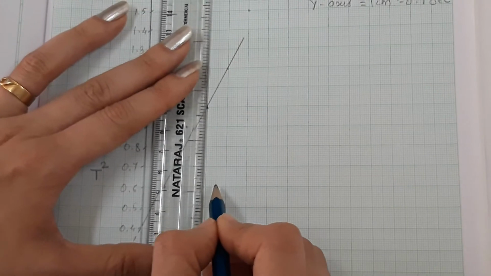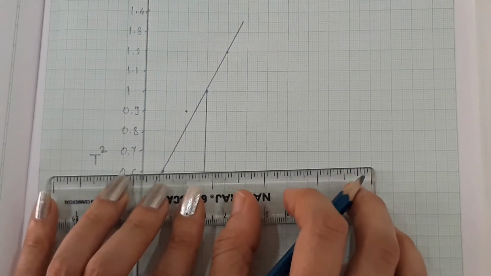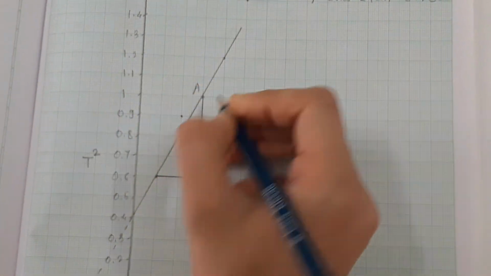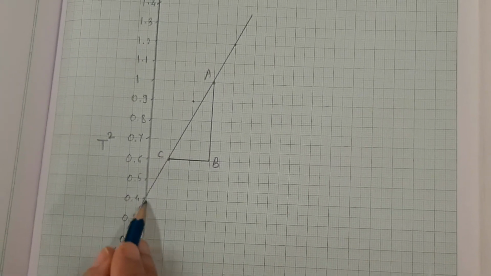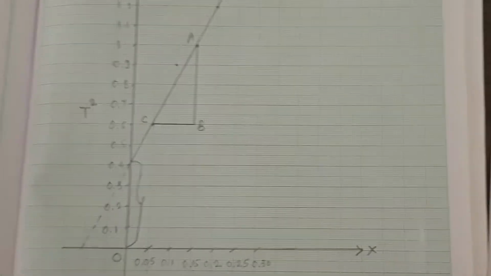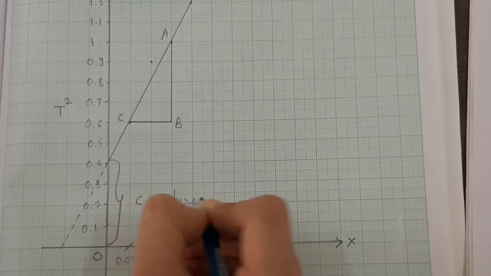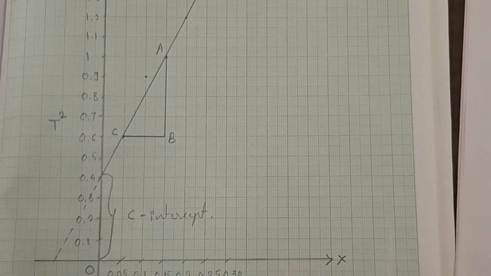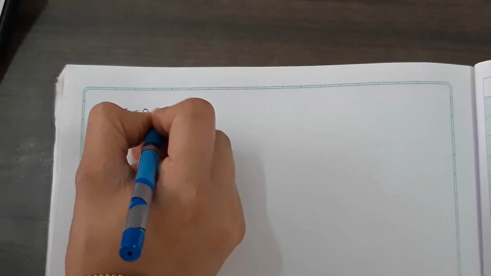Let us consider these 2 points, one line parallel to the y-axis and one parallel to the x-axis, and label them A, B, C. The line which cuts the y-axis from here to the origin we call C. It is the intercept, which we have got here as 0.4. So C, our intercept, is 0.4.